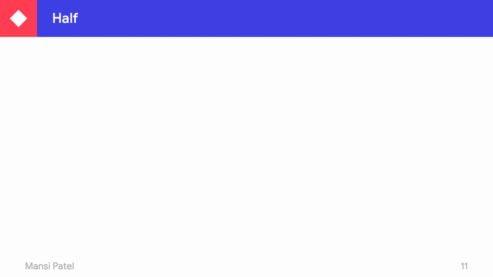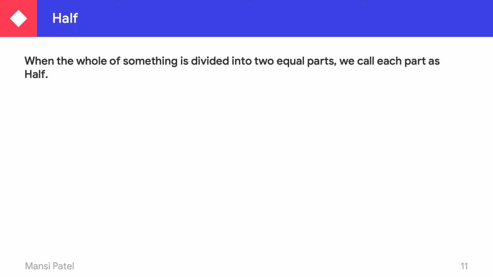Let us see what is the meaning of half. When the whole of something is divided into two equal parts, we call each part a half. When a number is divided by 2, we say that it is a half.